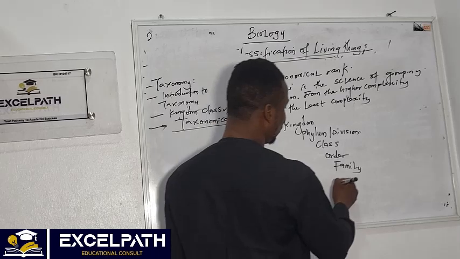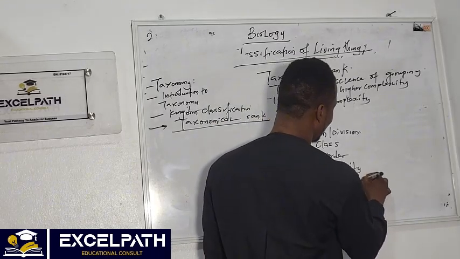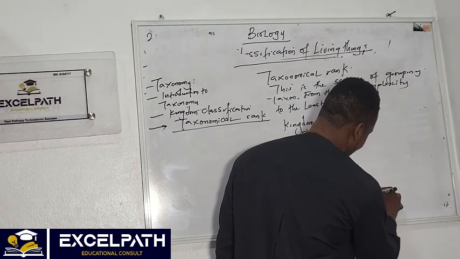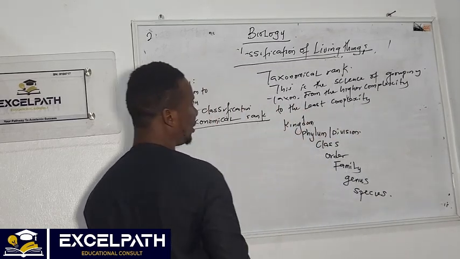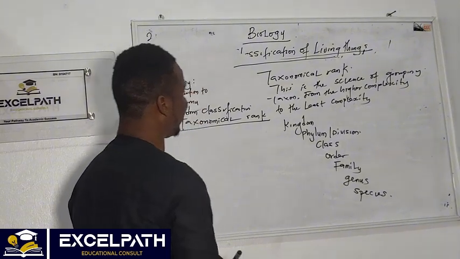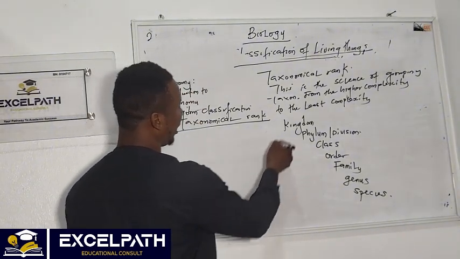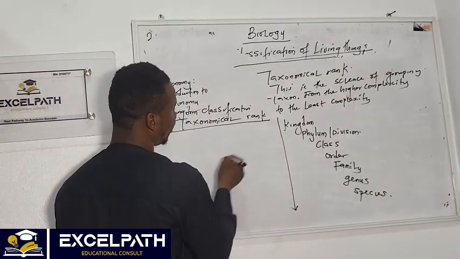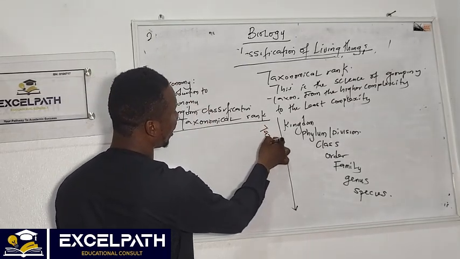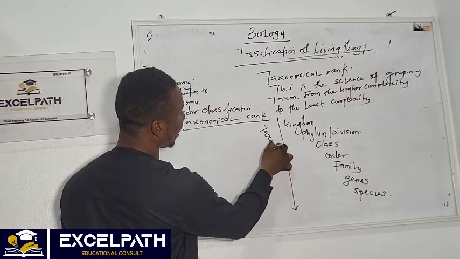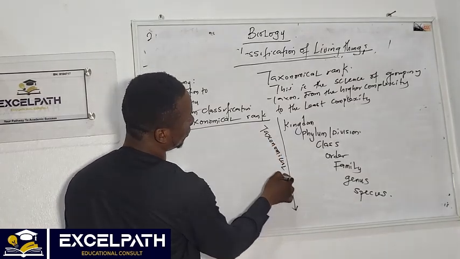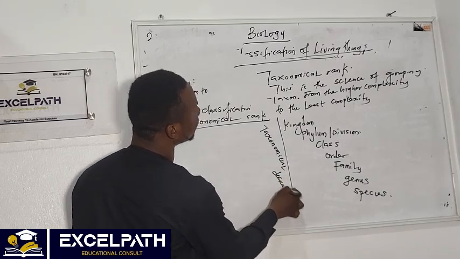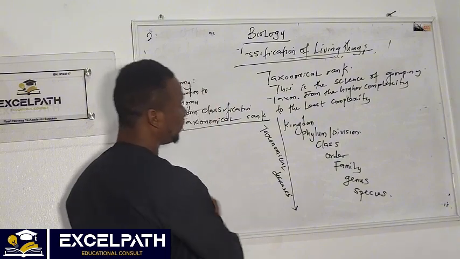Family splits into genus, and the genus splits into species. So this is called taxonomical hierarchy or taxonomical rank. As we move from kingdom to species, the taxonomical rank decreases, or complexity decreases.